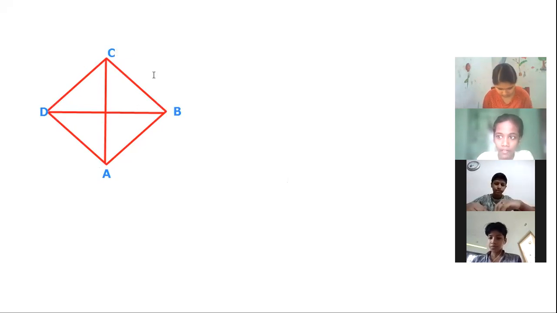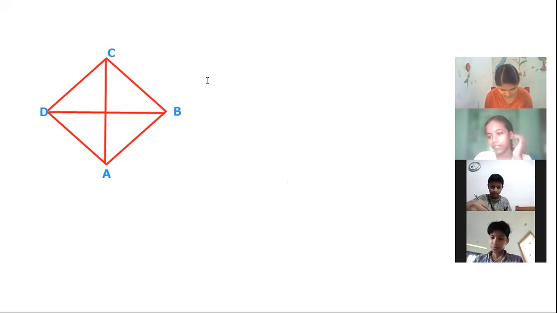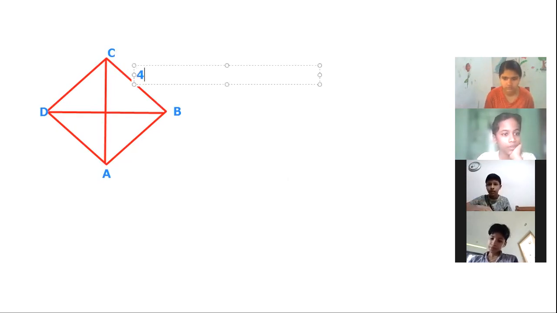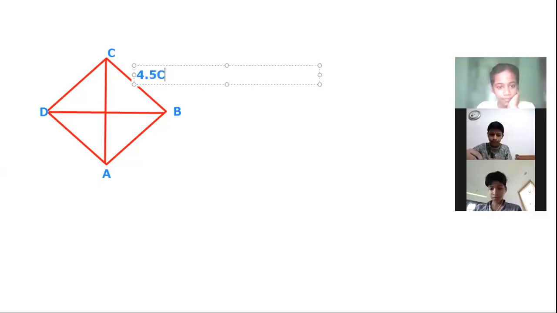And what is the length of AB? The length of AB is not given. And what about the length of BC? The length of BC is equal to 4.5 centimeter. Then what is the length of CD?